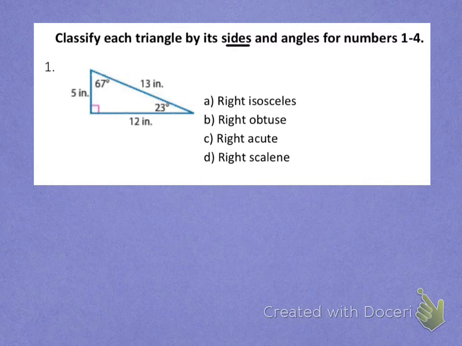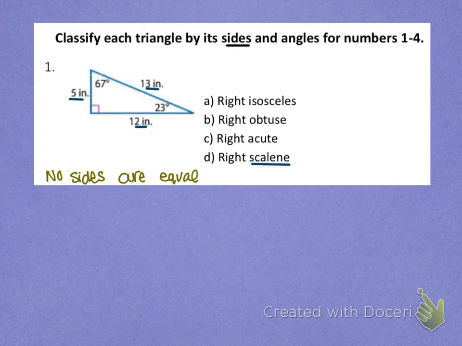Do they have any tick marks on them? Here we have 5, 13, and 12. That means no sides are equal. Therefore, we're looking at a scalene. Scalene means that no sides are equal.